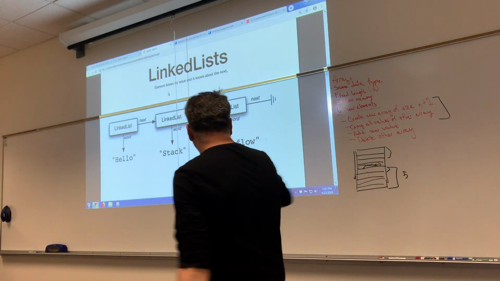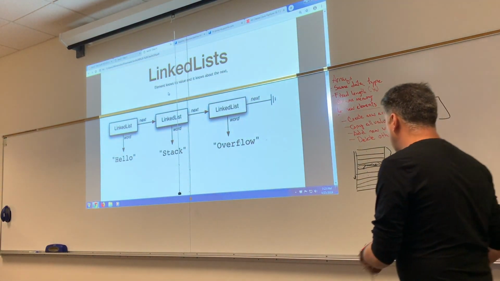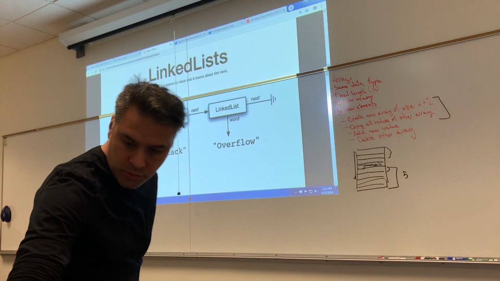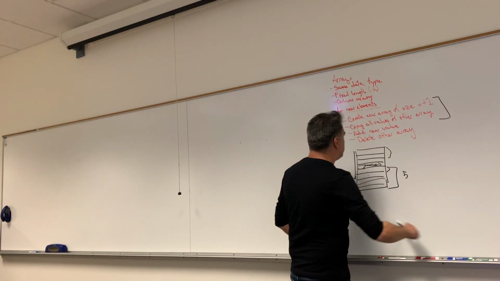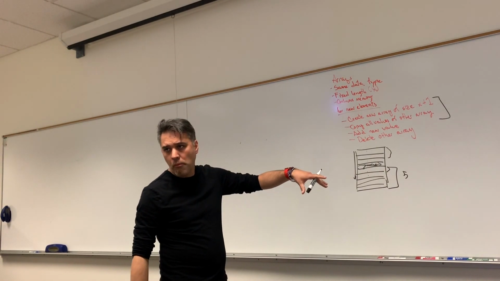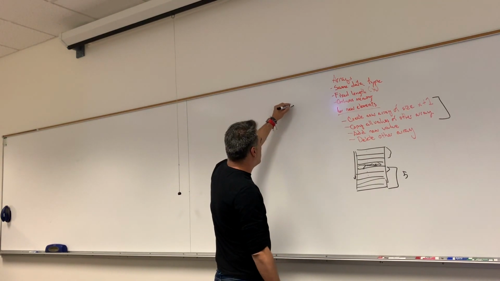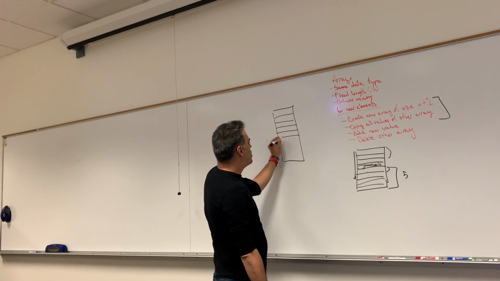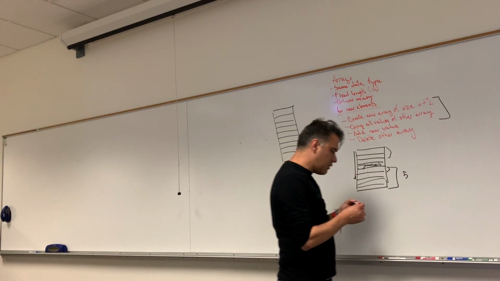So then they looked at all these problems, and they were like, well, it's a pain in the neck to have to do this. So why don't we figure out a new data structure where it doesn't matter how much free or available space you have.